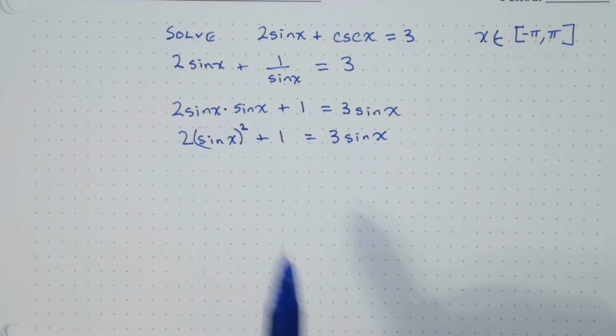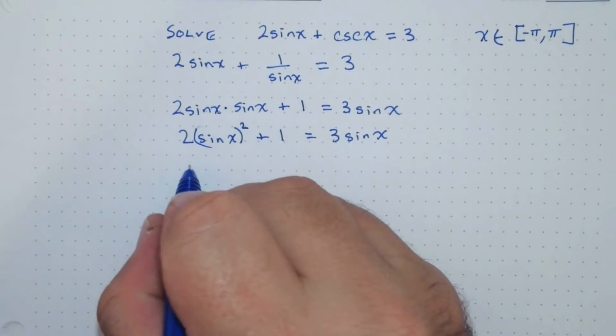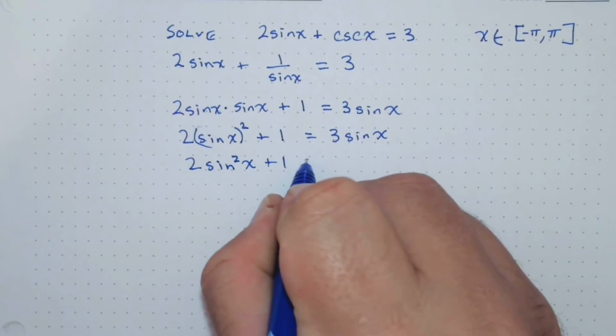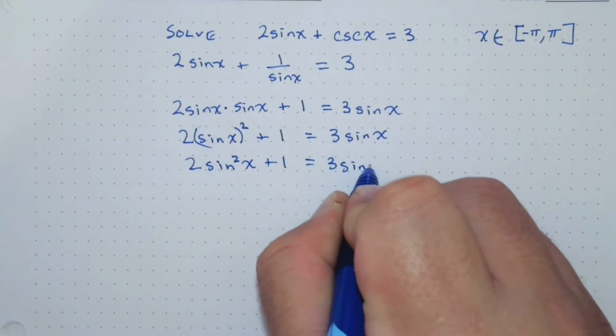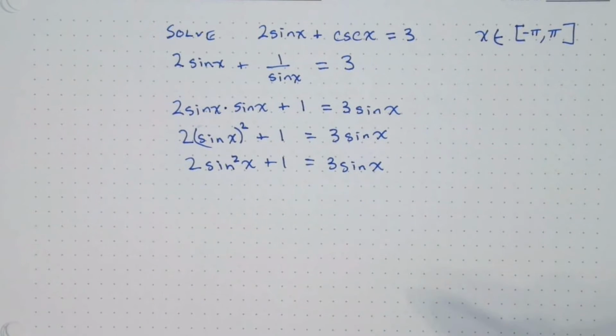And once again, some people find it easier to look at it in this form. Other people find it easier to write and look at it in this form. They both represent the same, right? The quantity sine of x squared is the same as the sine squared of x.